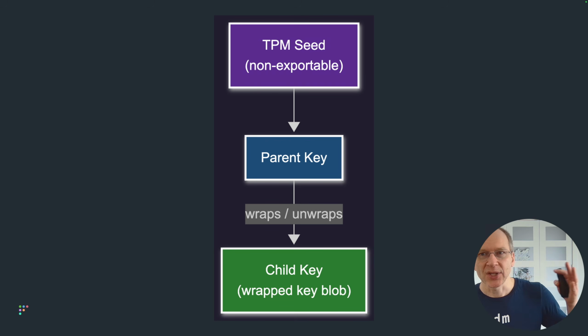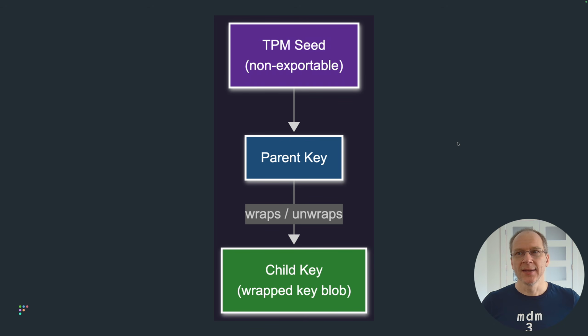Here's the hierarchy model you can keep in your head: seed to parent to child key. Parent keys are used to wrap child keys. Child keys are stored as blobs that are only usable when loaded under the correct parent. This is how TPMs scale despite limited non-volatile storage.